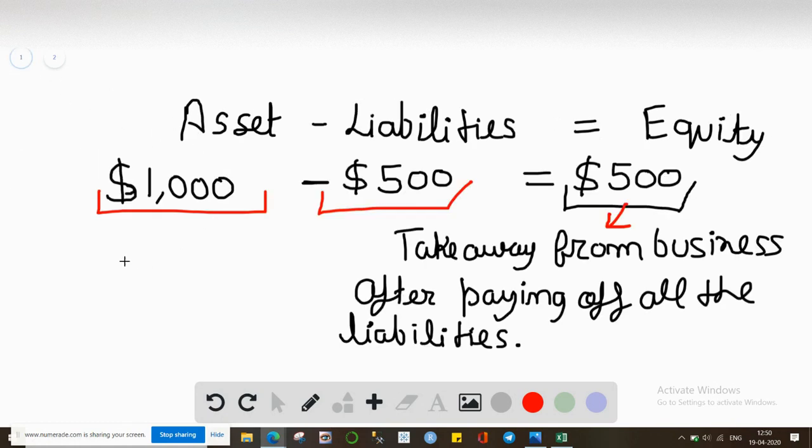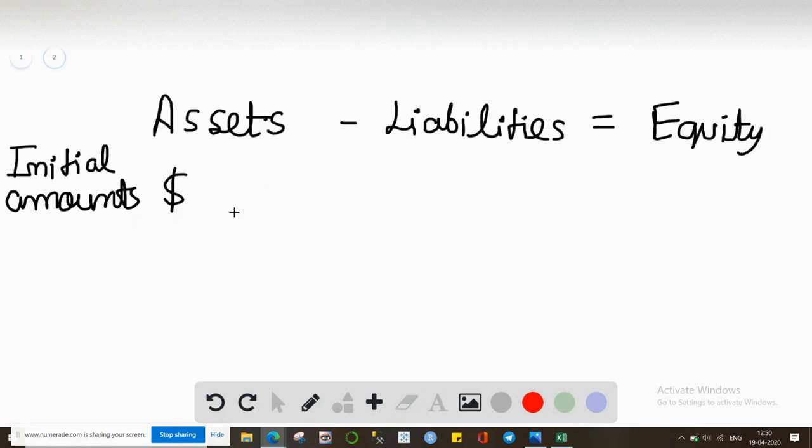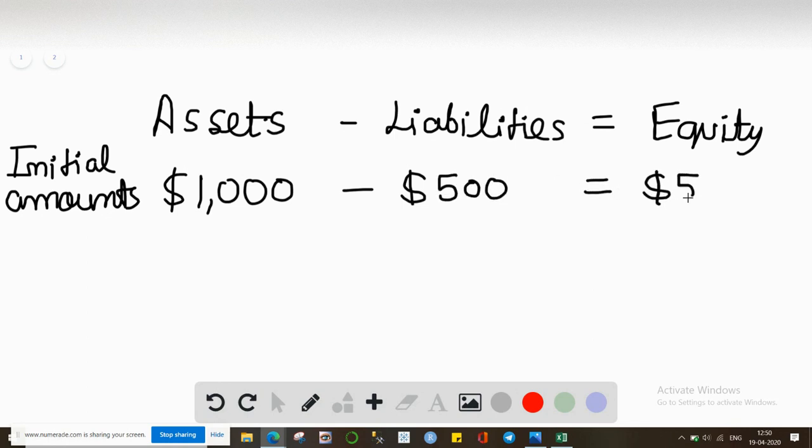Do not confuse, I am just taking the amounts from the earlier example: $1,000 of assets that are recoverable, $500 of liabilities, $500 of equity. Now you have understood the basic concept of the accounting question. Now let's move to the solution.